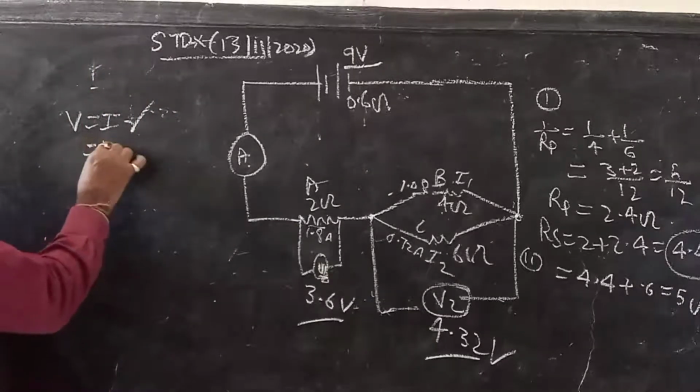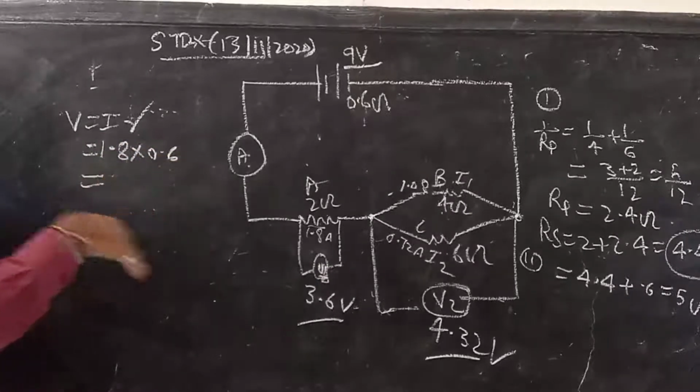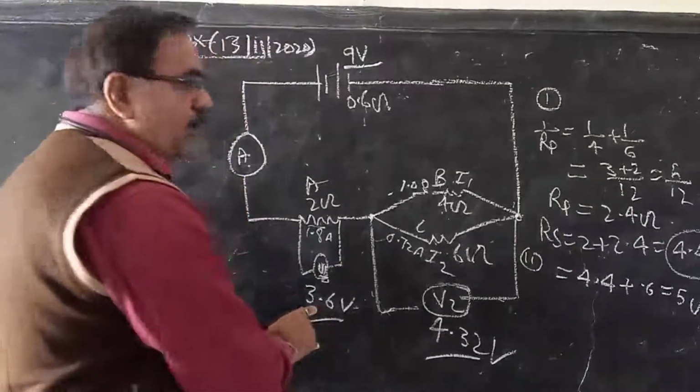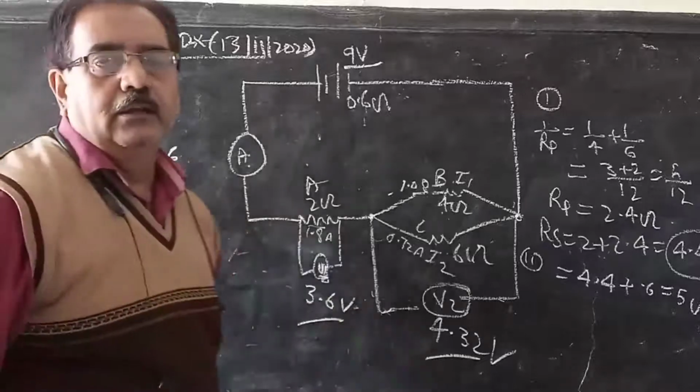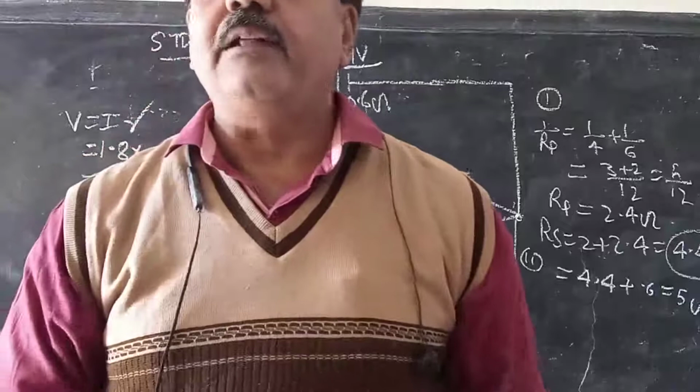So I is 1.8, small r is 0.06. That much drop in the potential. It will come the same. Either you add these two and subtract it from the 9 volt, or you use V is equal to Ir. So in both cases you will get the same value. Clear?